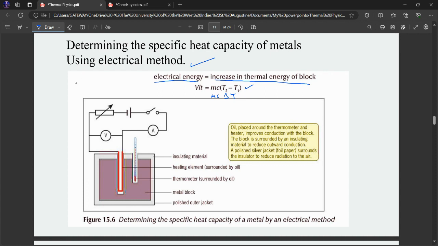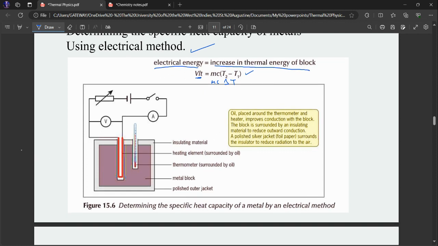Well, that is the formula for electrical energy. Volts by the current by the time. Right? So this is the setup of it. Most likely you wouldn't be doing this one in school, but it's still important to know this equation, right?